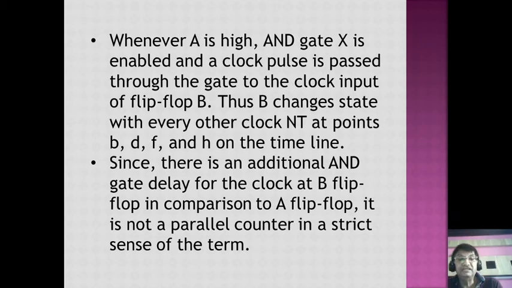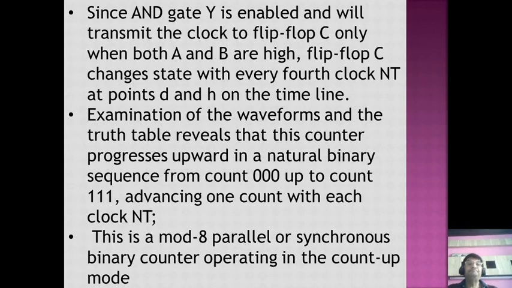Since there is an additional AND gate delay for the clock at flip-flop B in comparison to flip-flop A, it is not a parallel counter in the strict sense of the term. That means the total settling time is increased because of the gate propagation delay time also. So when you count the settling time, you have to count the propagation delay time of each gate also.